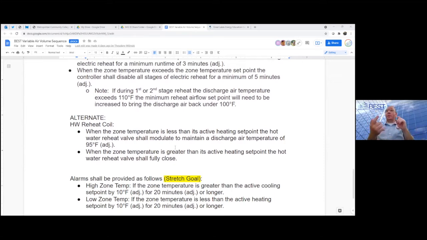Whether you have an electric reheat with an SCR, which allows you to modulate the amount, or a hot water valve that has a 0 to 100% position, or if you're in an older building that has steam and you're doing it the same way, in those situations, when we have a call for heating, we want to modulate our valve or our heat signal to maintain a discharge air temperature of 95 degrees.